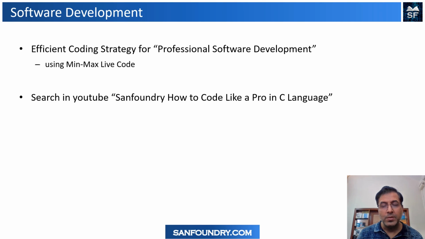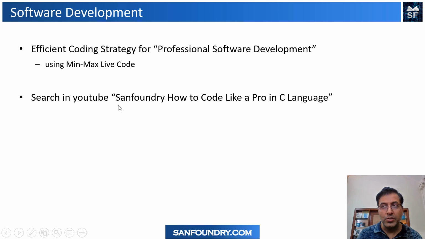Having covered min-max values, how to calculate them, and the pitfalls of not knowing the minimum and maximum values in software development, let's look into efficient coding strategy for professional software development. I have created a specific YouTube video.